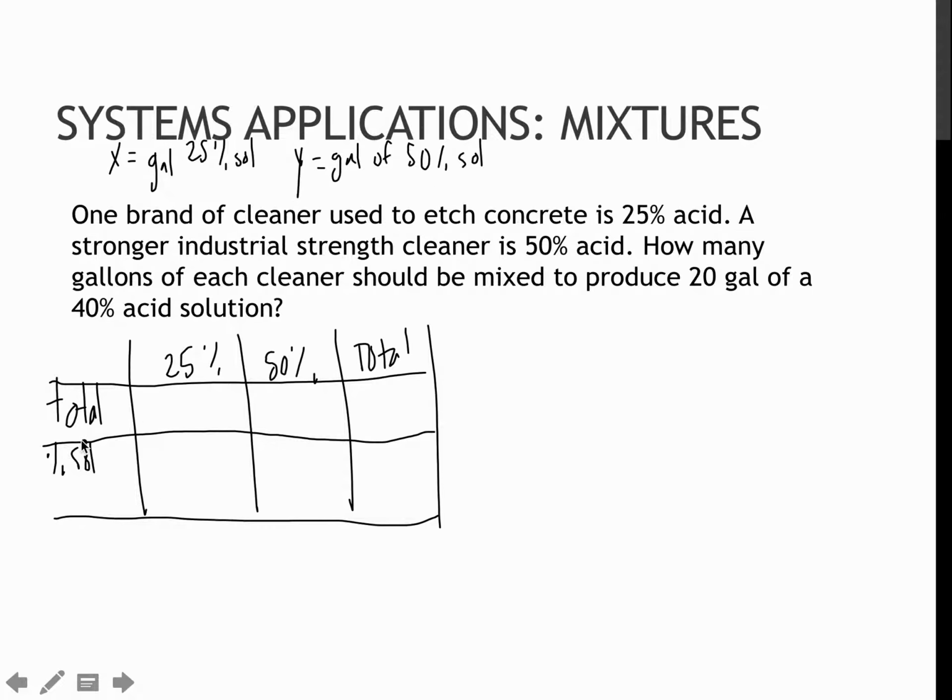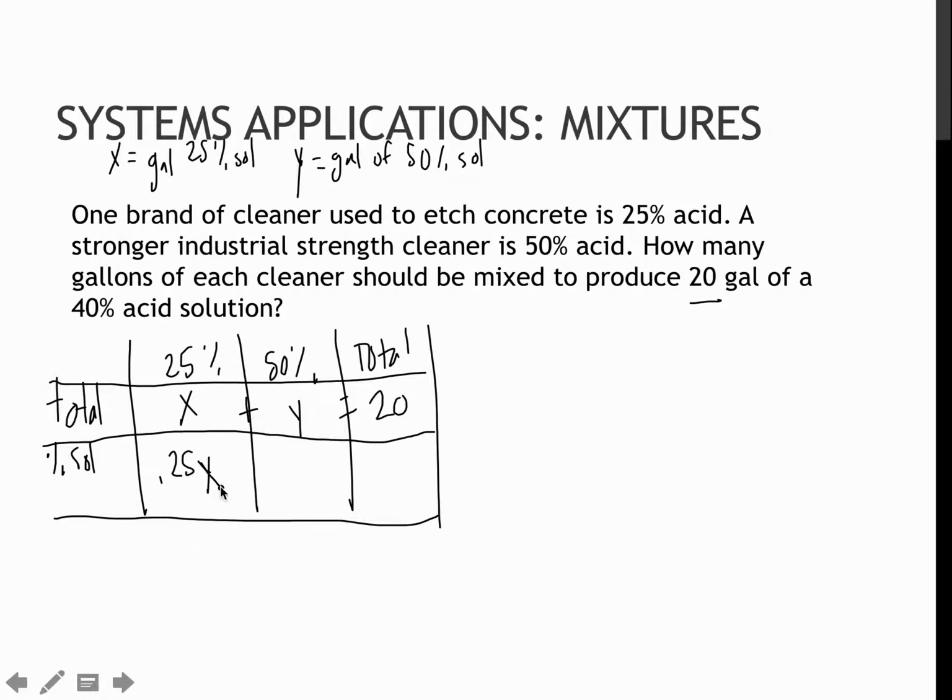So now, looking at my total, remember if I'm looking at total gallons, I would say that I have X total gallons of the 25% solution, and I have Y total gallons of the 50% solution, and my total gallons of solution is 20. So now I have my first equation, X plus Y equals 20. My second has to do with the percent solution. So here I'm going to take the 25% solution times X, so that's 0.25X.